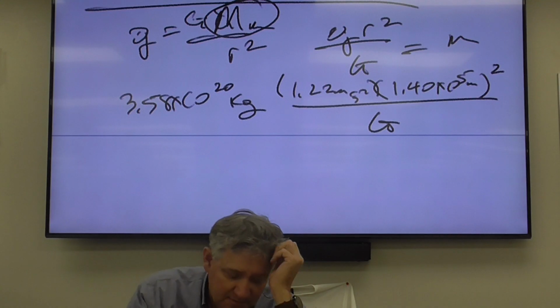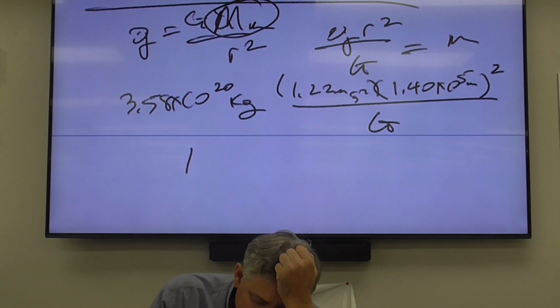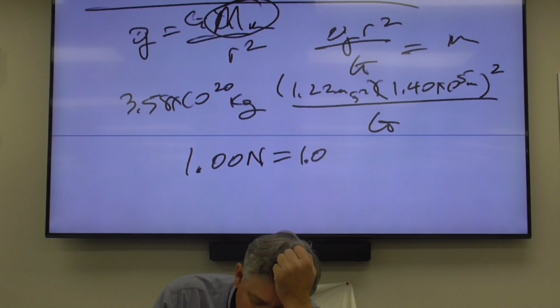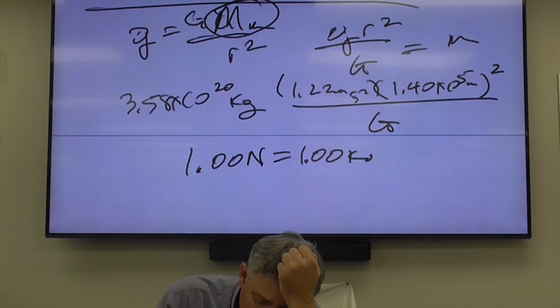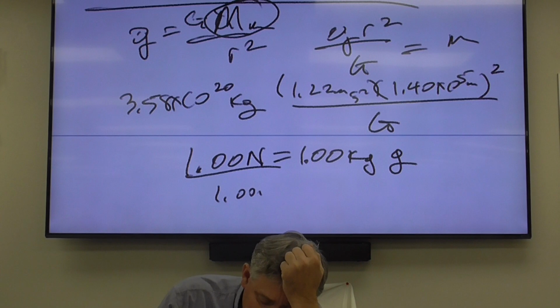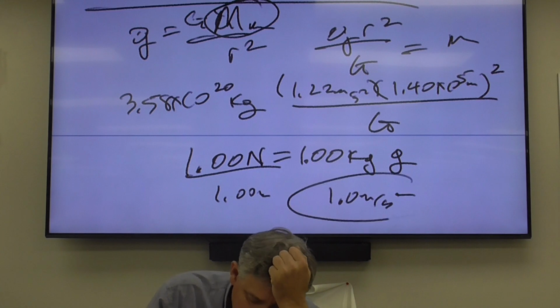If I have a 1 kilogram mass and I want it to weigh 1 Newton, and that's times g, check my math, if I take 1 and divide it by 1 kilogram, I get 1 meter per second squared.